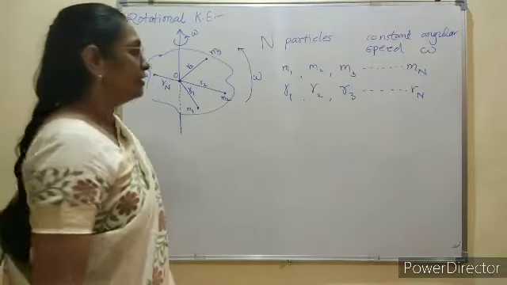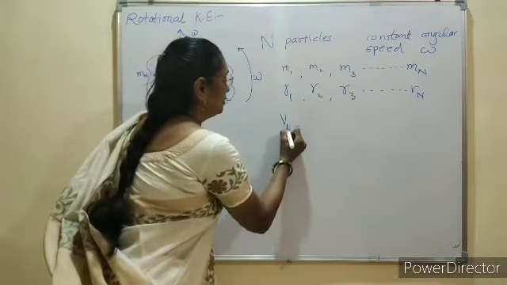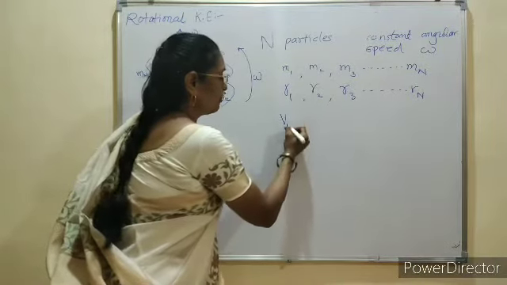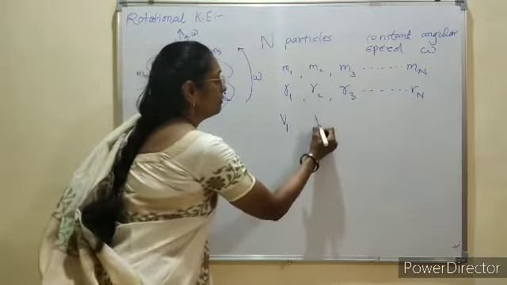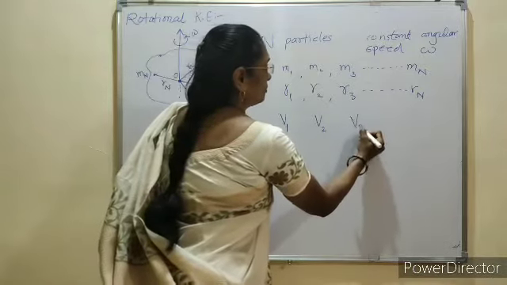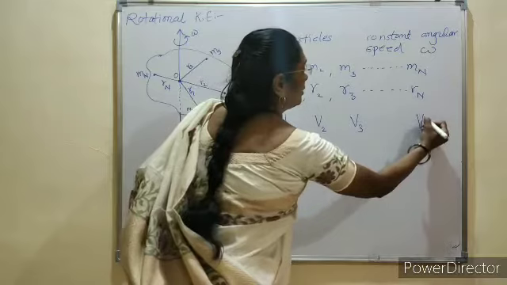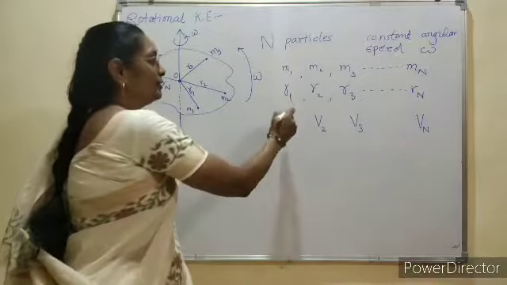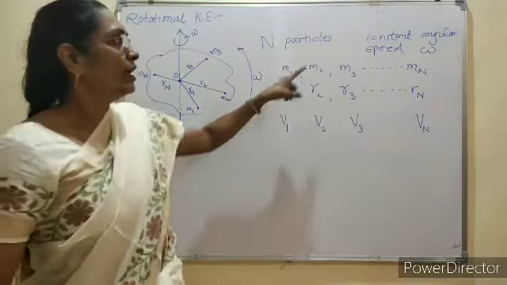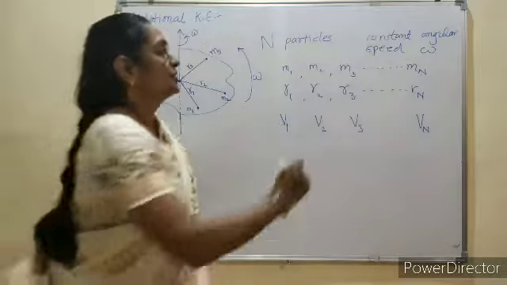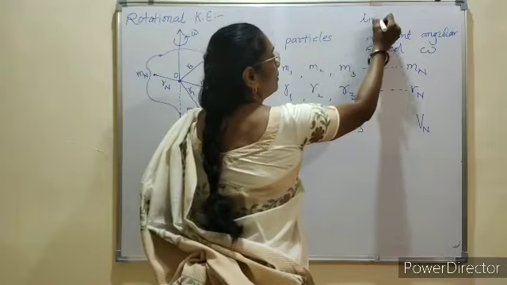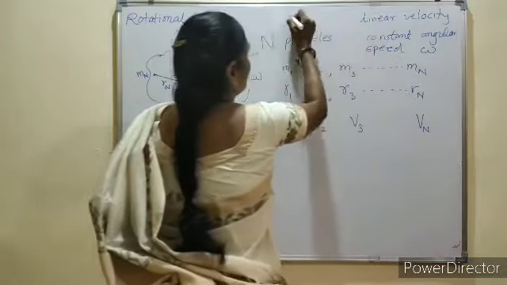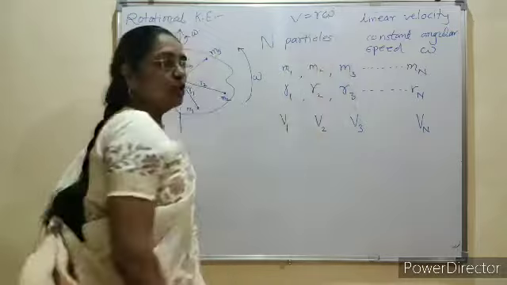Now for each particle we have to consider the speeds. For the first particle, the magnitude of linear velocity is v1. For the second it is v2. For the third it is v3 and for the last particle it is vn. We know the relation between linear velocity and angular velocity: v is equal to r into omega.